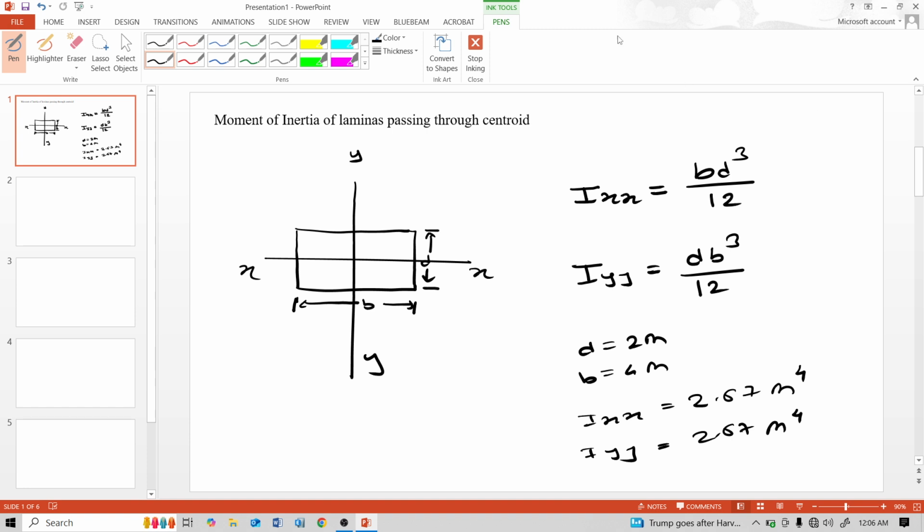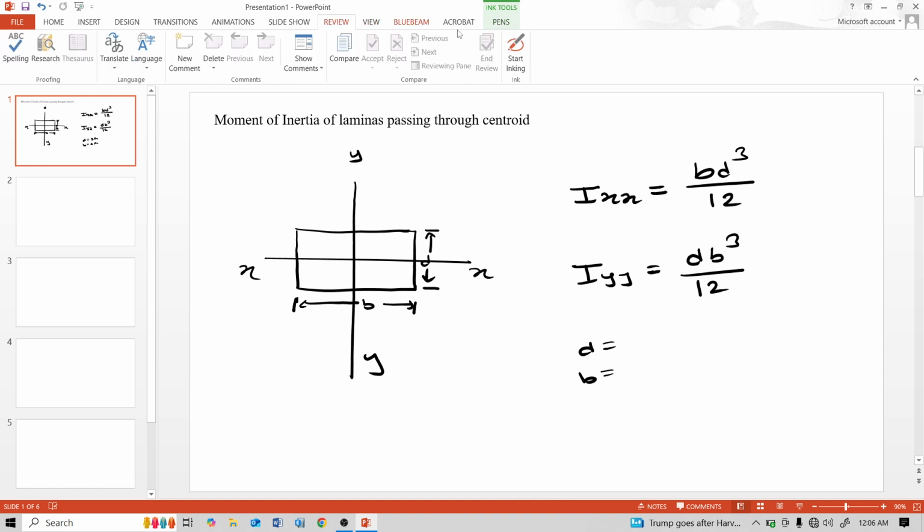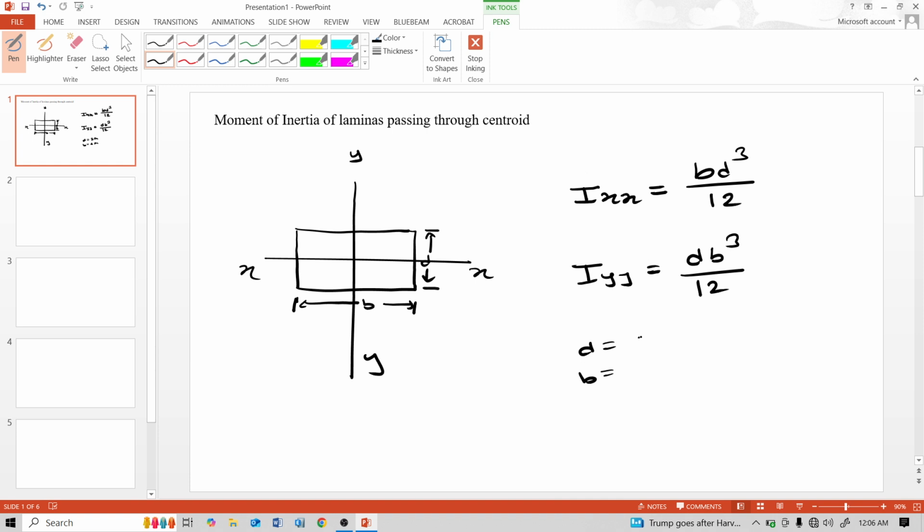So now take these dimensions: this d is 2.3 meter and b is 4.5 meter and calculate Ixx and Iyy.